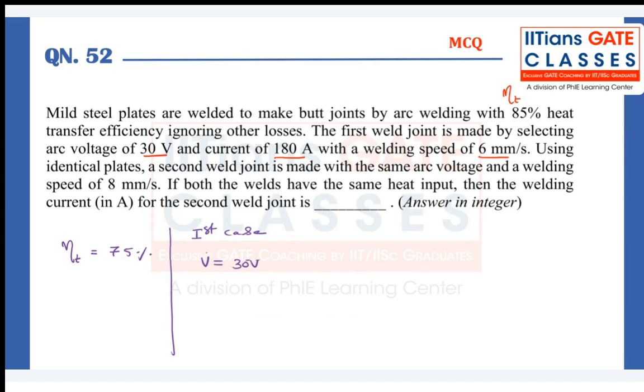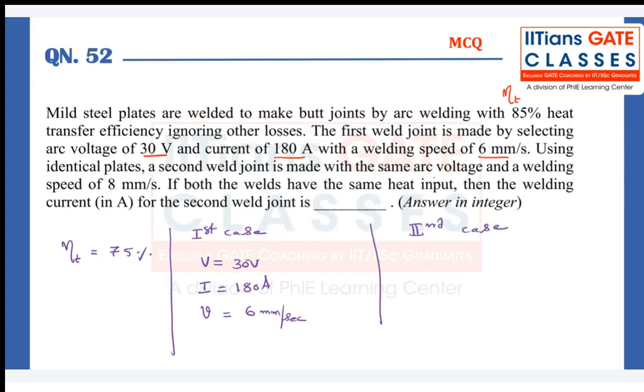Welding current is equal to 180 amperes, with a welding speed of 6 mm per second, right?